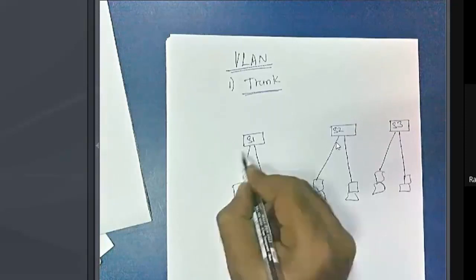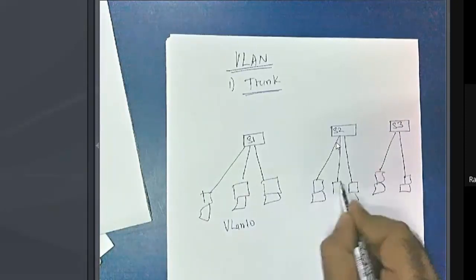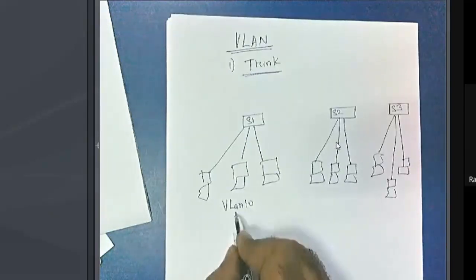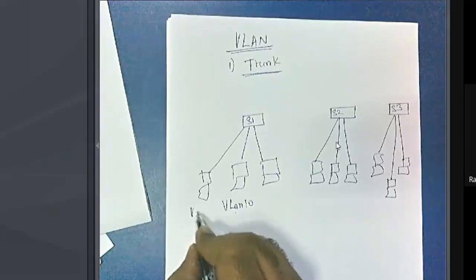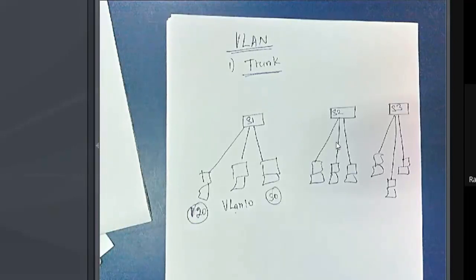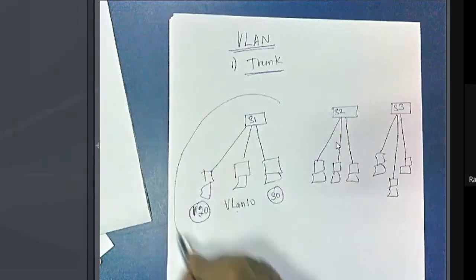Let me take three PCs in all the switches. This PC is in VLAN 10, this one is in VLAN 20, and this PC is in VLAN 30. So this is a single switch, only one switch.